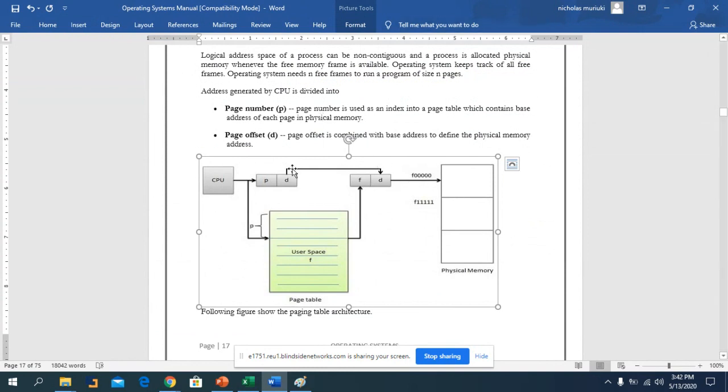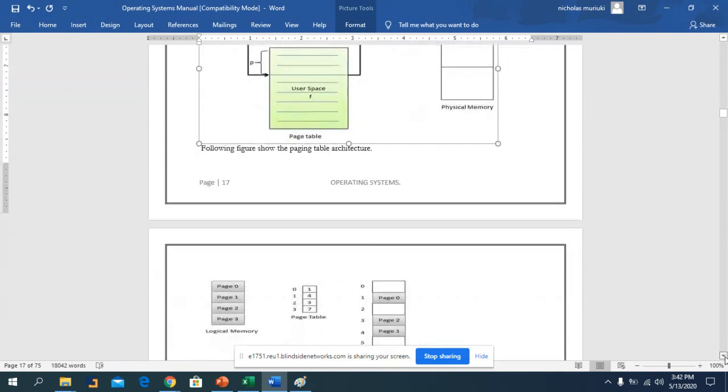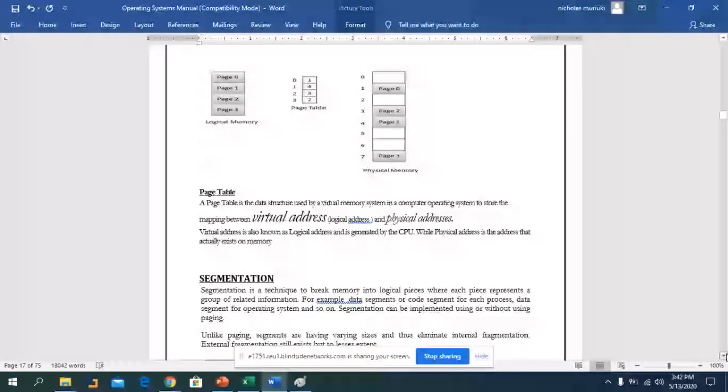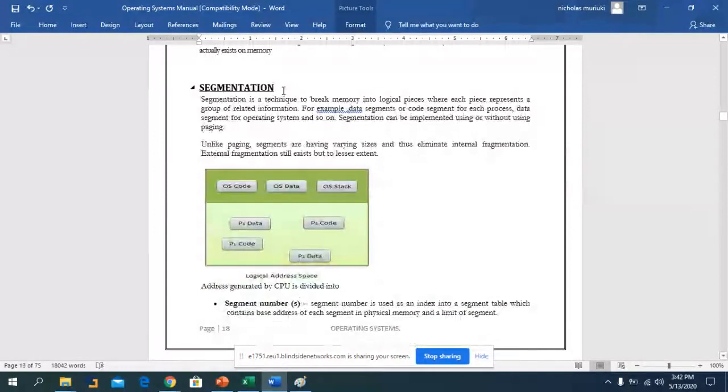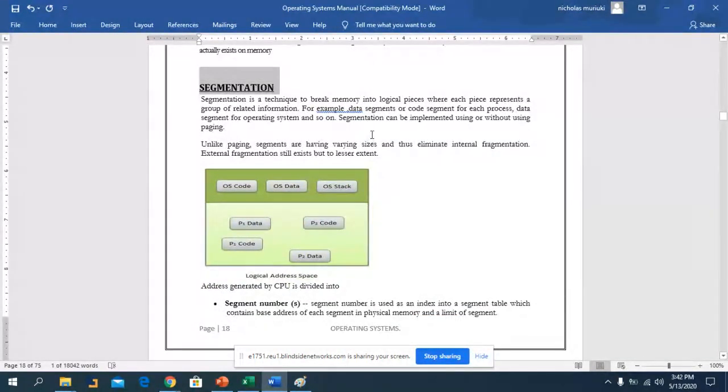We can use another method to reduce it, not completely, but slightly. That's why we said we need to use segmentation. Now, let me ask a question. How many memory techniques do we have?